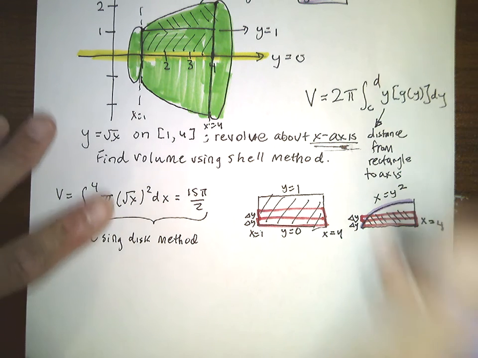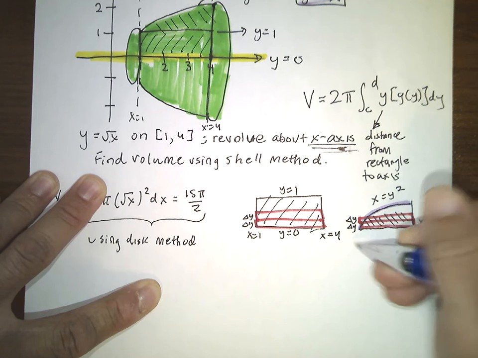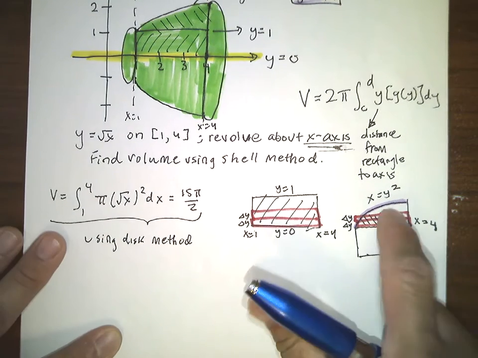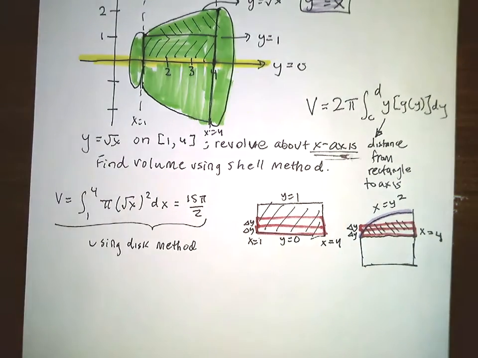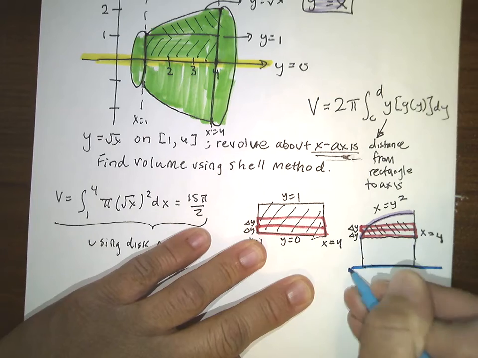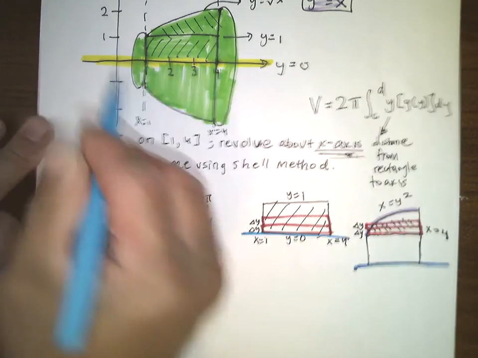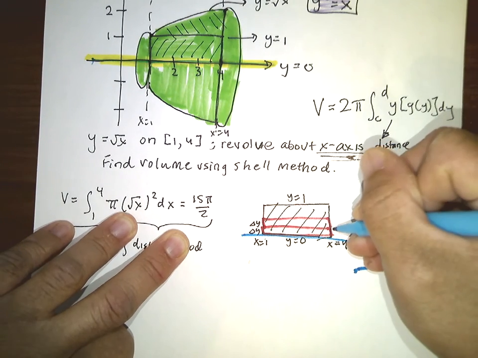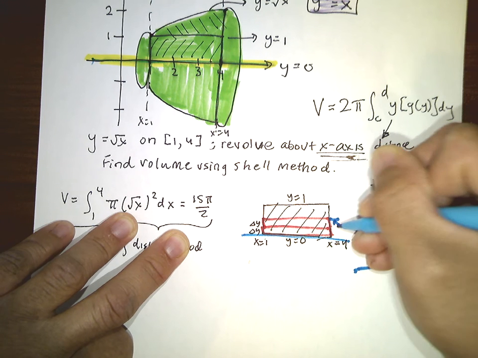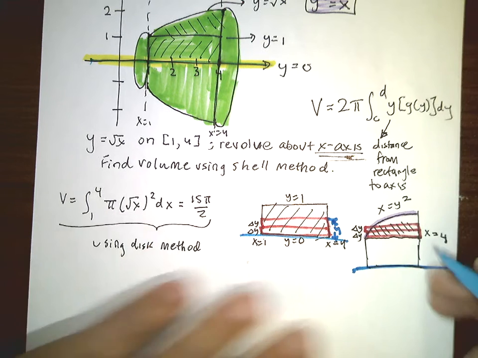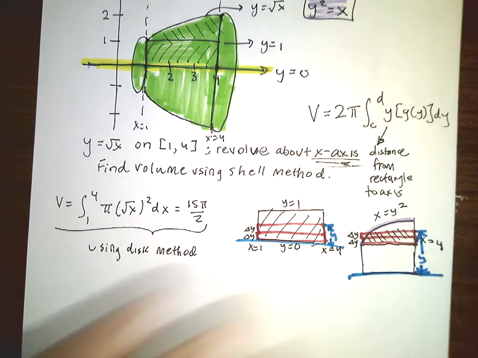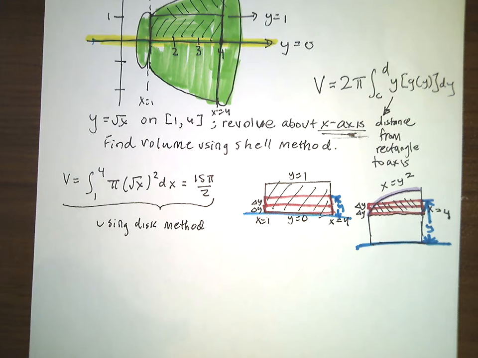So in both of these cases, I can say fairly easily that this would be a y. By the way, even though this region right here is on top of that rectangle, this is still the x-axis, and the distance from any one of the rectangles down to the axis is still y.